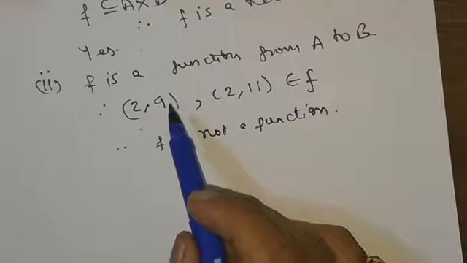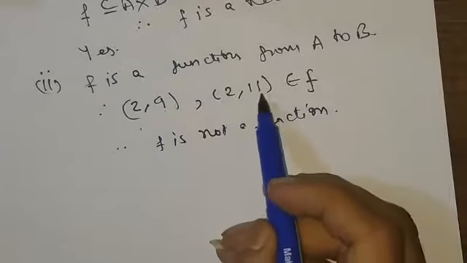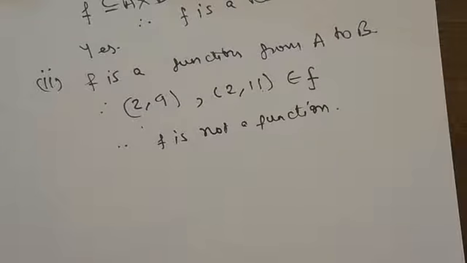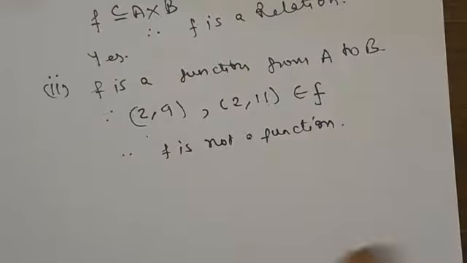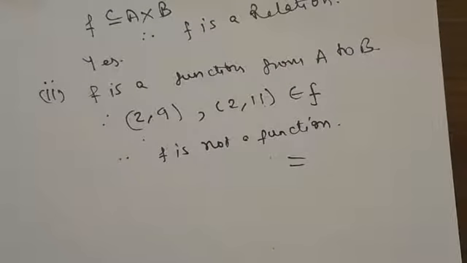Simply because these two ordered pairs have the same first element but different second elements, this cannot happen in a function. So F is a relation but not a function. So that was problem number 10.